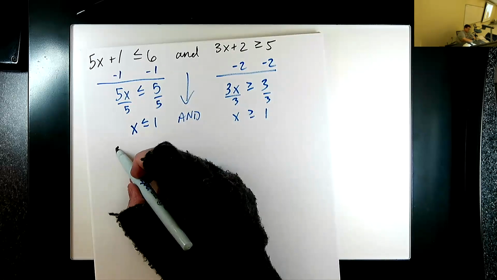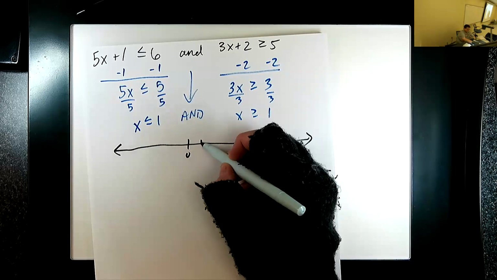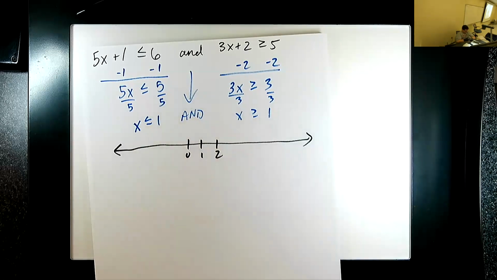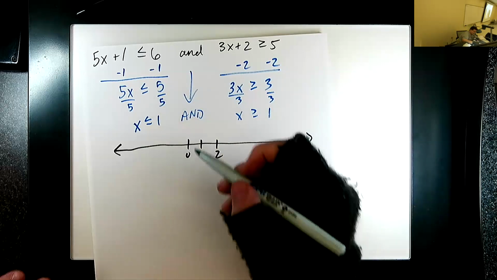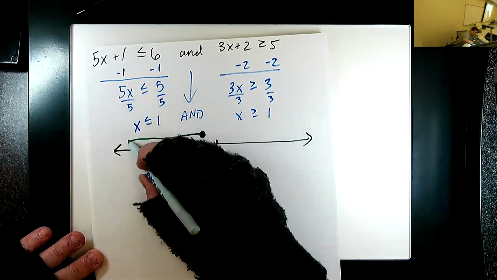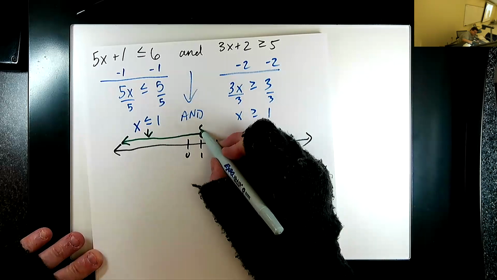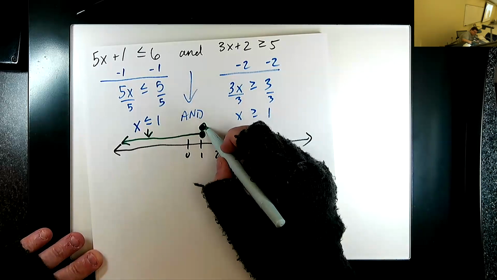So if I drop that on the number line, x is less than or equal to 1 is a solid dot on 1 and an arrow to the left. And x is greater than or equal to 1 is a solid dot on 1 and an arrow to the right.